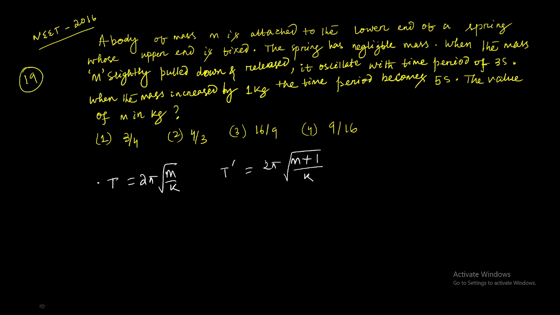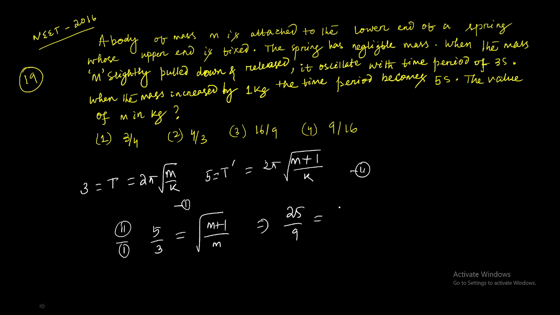And T equal to the value they have given, 3 seconds, right? Oscillates with 3 seconds. And T dash value they have given 5 seconds, right? So this is equation number 1 and this is equation number 2. Just divide 2 by 1. This will be simply 5 by 3 equal to, 2 pi cancel, k cancel, root over m plus 1 divided by m. So this will be 25 by 9 equal to m plus 1 divided by m.